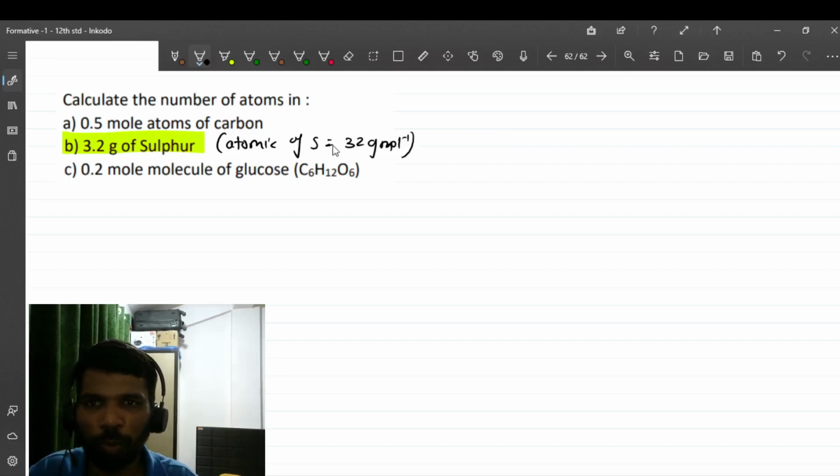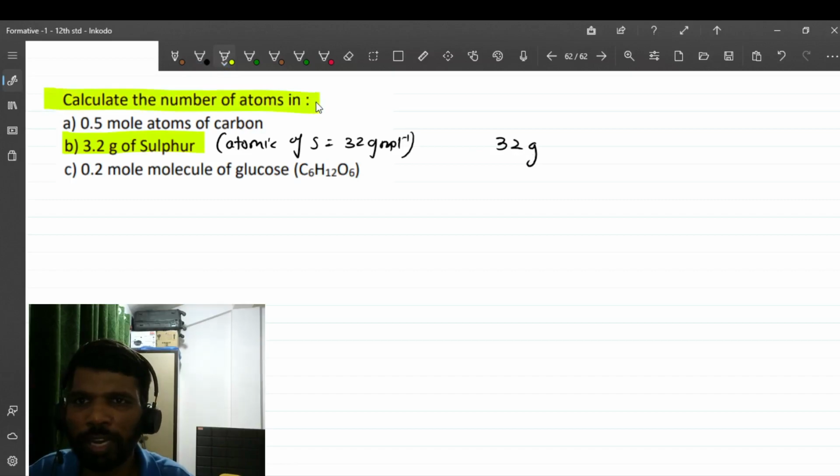I'm telling you the atomic mass of sulfur is 32 grams per mole. The whole question is to calculate the number of atoms. So 32 gram has how many atoms? I am forming a relation. 32 gram has 6.023 into 10 raised to power 23 atoms.